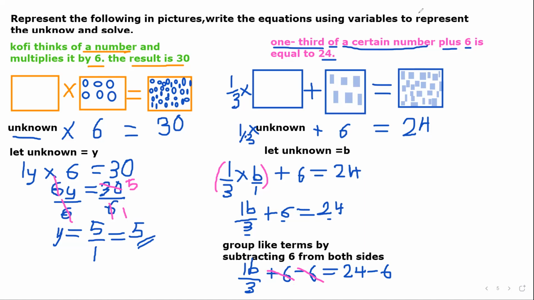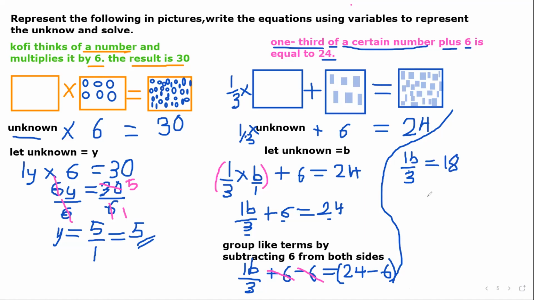So our new equation will be 1b over 3. That's alphanumeric equal to, when you perform the actions here, 24 minus 6 is 18.